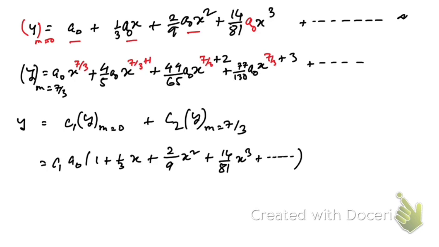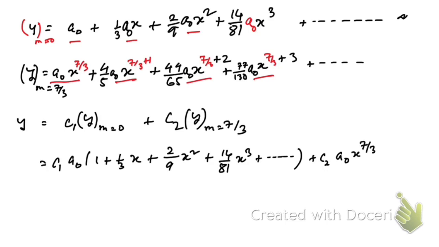Similarly, you can take a naught x to the power 7/3 common from all the terms here, right? And doing so we're going to have c2 a naught x to the power 7/3.